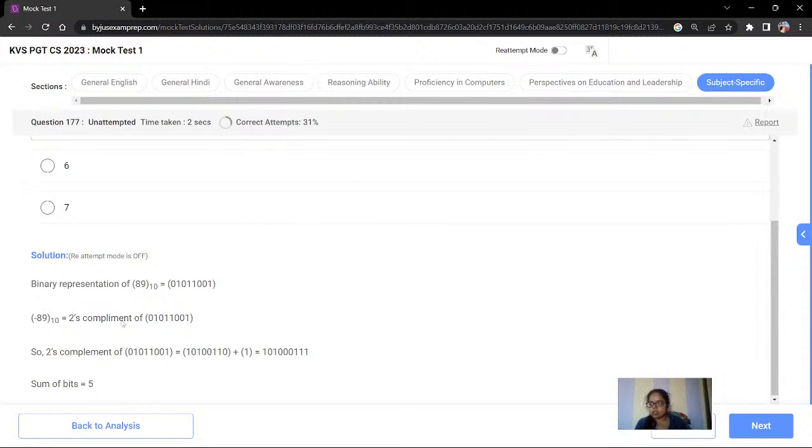Next, minus 89 in 2's complement means, until the first 1 is found, keep the bits, then after this 0 becomes 1, 0 becomes 1, 1 becomes 0, like this in two's complement. So the sum of the bits is 1 2 3 4 5, 5 ones are there, that's why 5 is the answer.